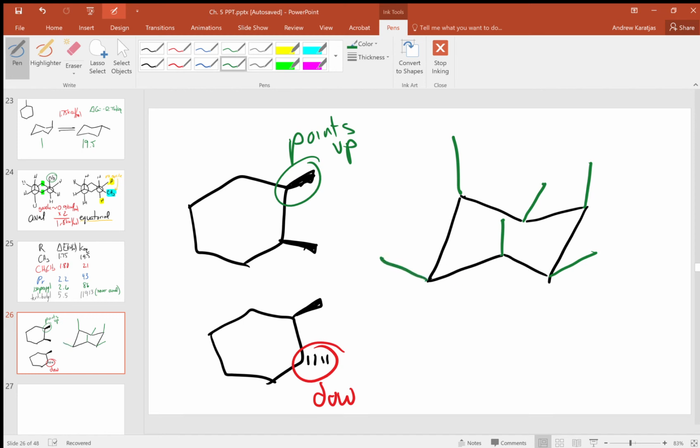They don't have to point straight up, just basically up from the plane of the ring. The other 6 substituents all point down. And so that's what we're going to use as the basis for doing some of these.